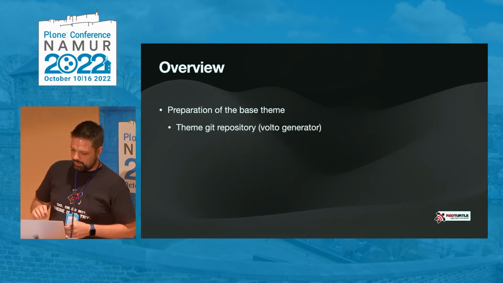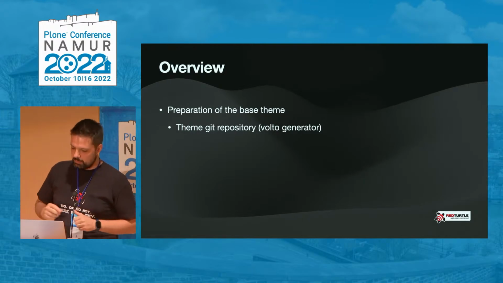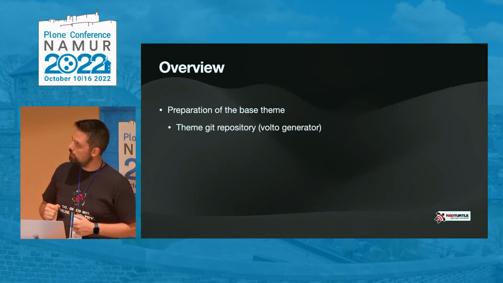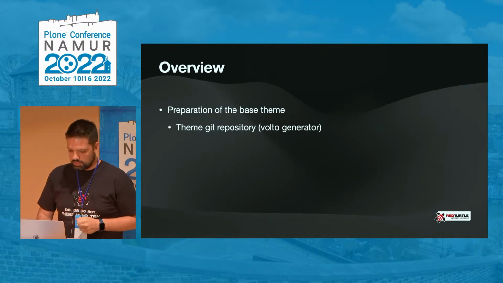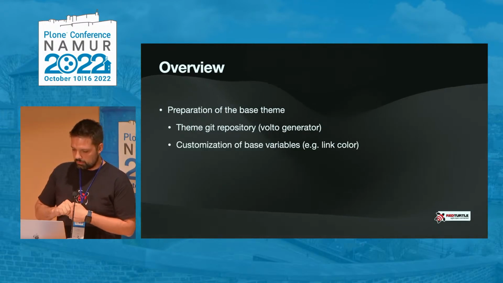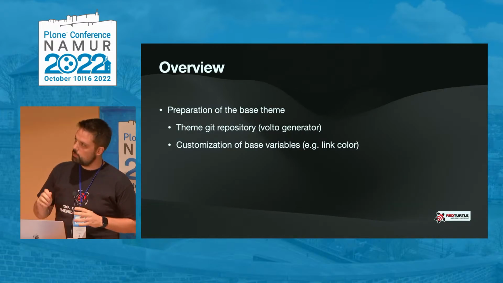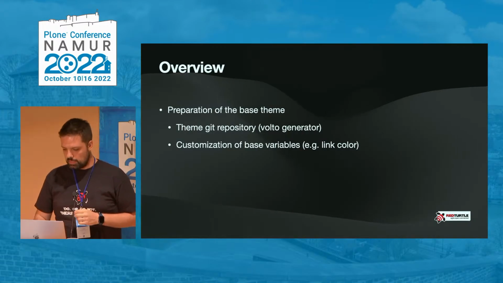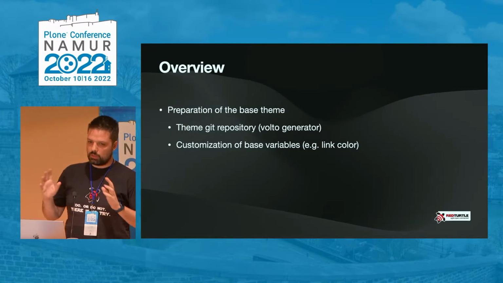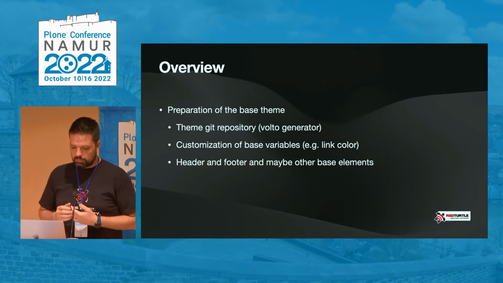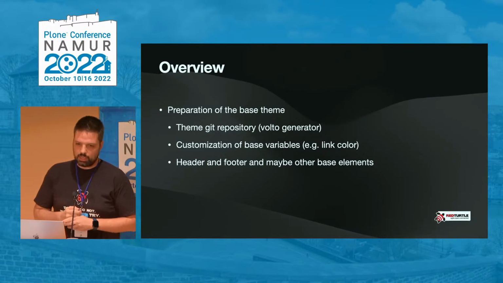So we need to take into consideration that we need to prepare a base theme. We have a wonderful Volto site generator that can be used. And of course, we need to take into consideration base preparation, so customization of variables. There are some things that are repeated throughout the whole site usually, which are header and footer and maybe other base elements.